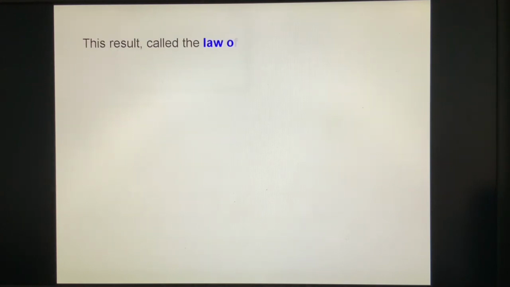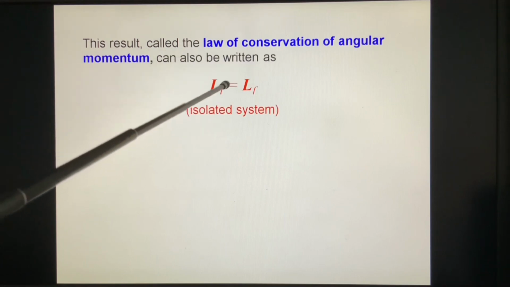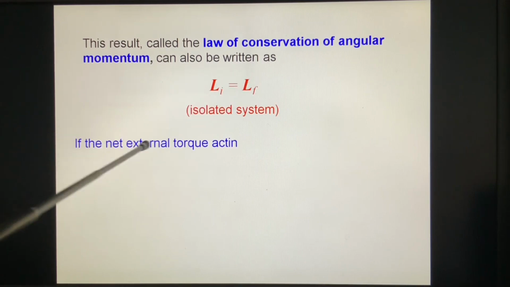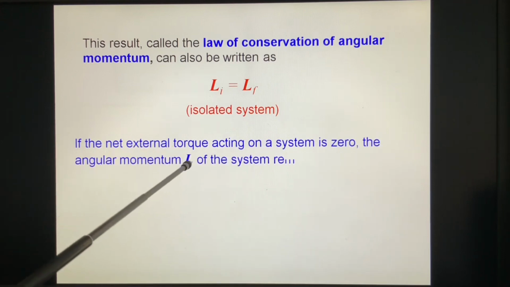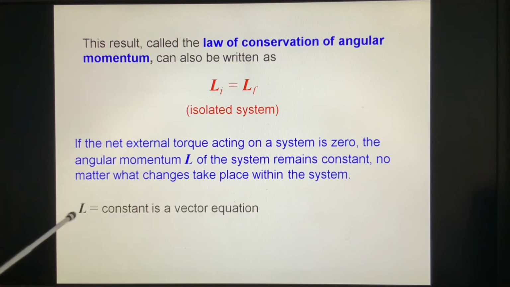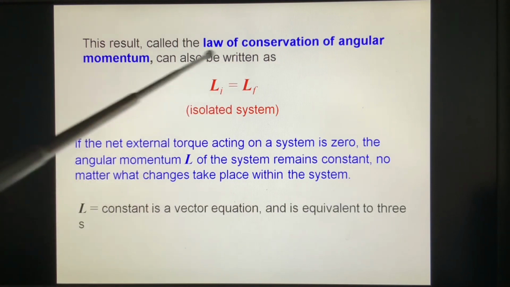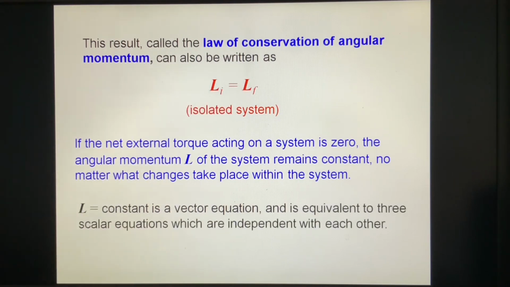This result, called the law of conservation of angular momentum, can also be written as L initial equal to L final. If the net external torque acting on the system is 0, the angular momentum L of the system remains constant, no matter what changes take place within the system. L equal constant, this is a vector equation, so it will have three component equations.